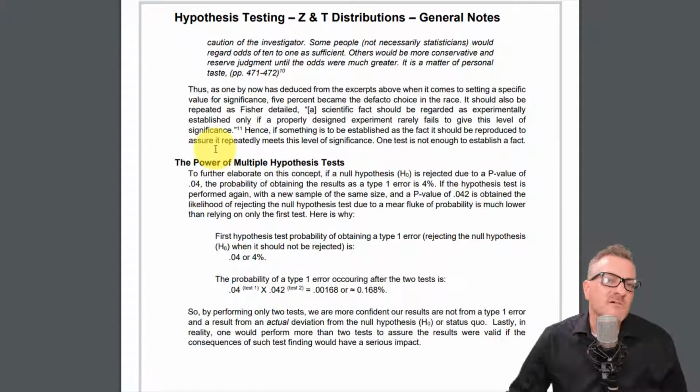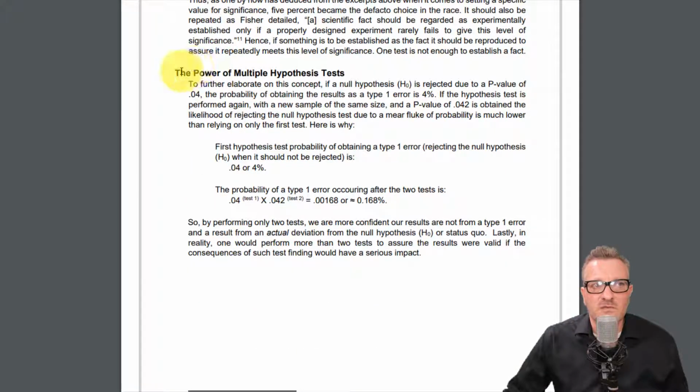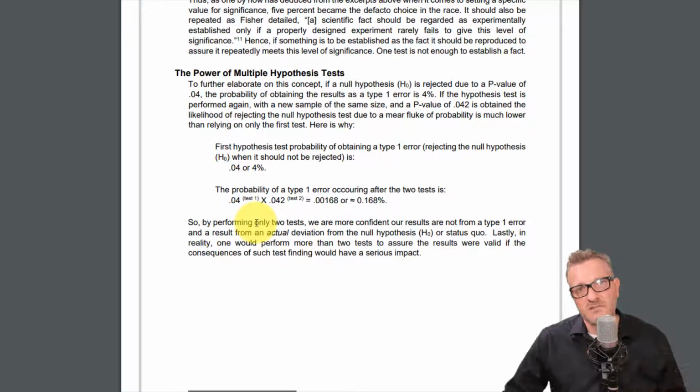So that's the deal. The 5% alpha came up a long time ago, and it was like, well, we're willing to be wrong about 5% of the time, and it's kind of stuck. This is a big thing in practicality: as I've mentioned before, if you reject the null hypothesis, you could be wrong.